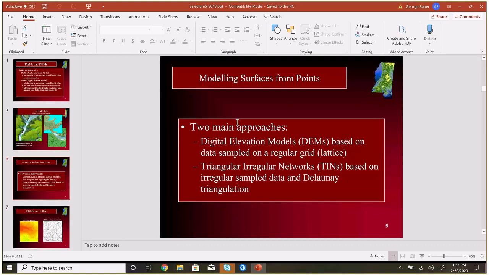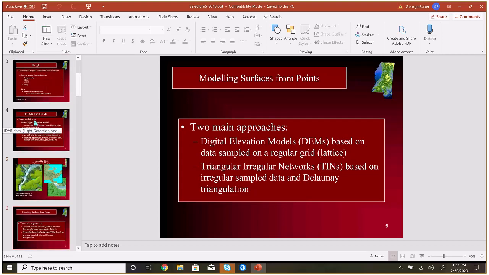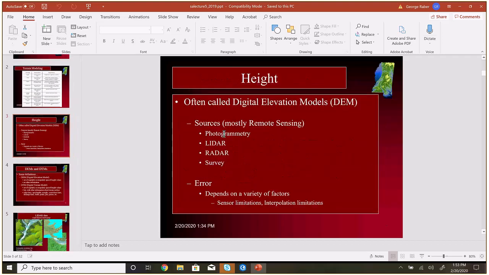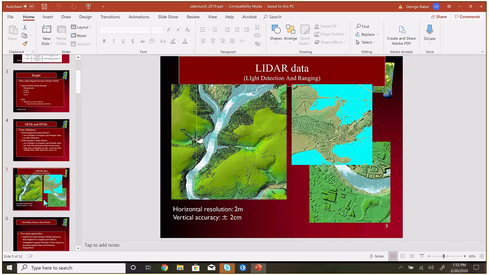Okay. So when we take a bunch of points that we might get, all of these sources here, except for the radar, create a bunch of points on the landscape. That's what photogrammetry does. That's what LiDAR does. That's what surveys do. The radar creates a different product, and so usually what's delivered is actually a DEM surface.